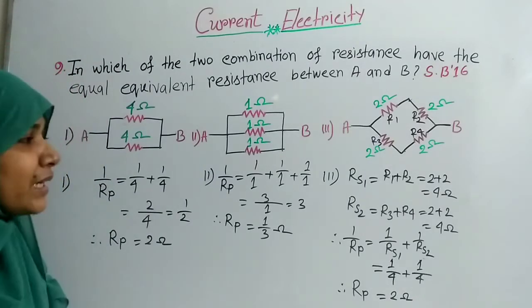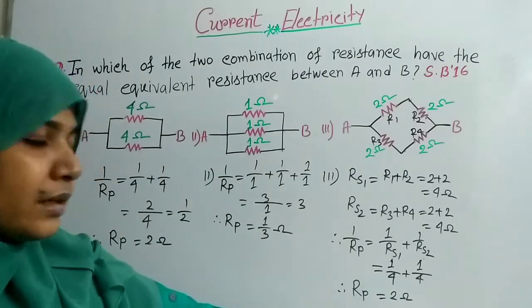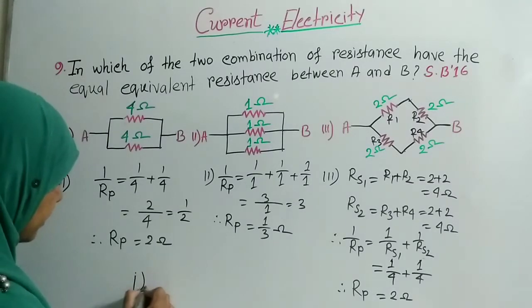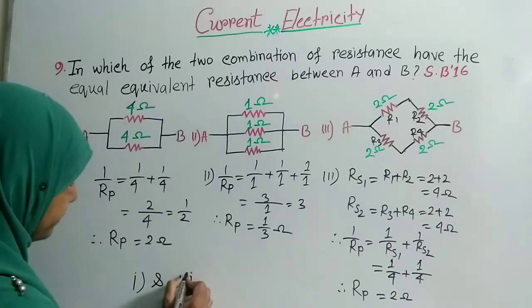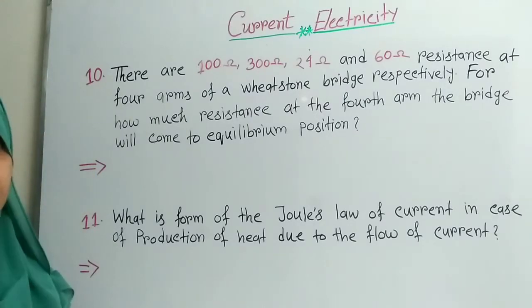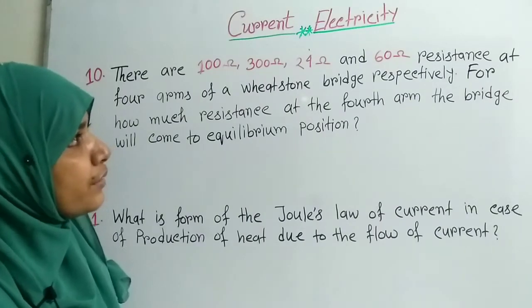So students, you can see that the equivalent resistance of the first diagram and third diagram is the same. So the right answer is 1 and 3.